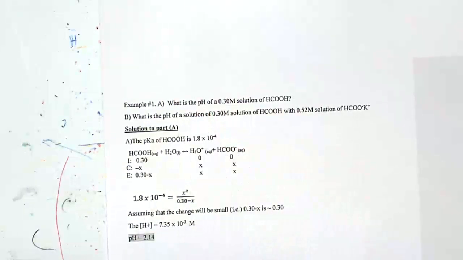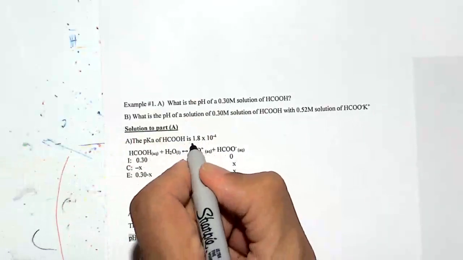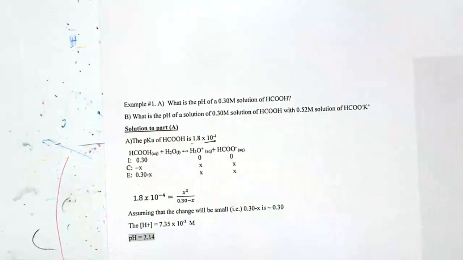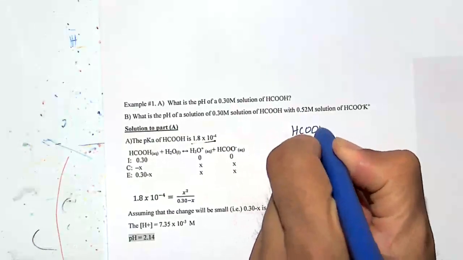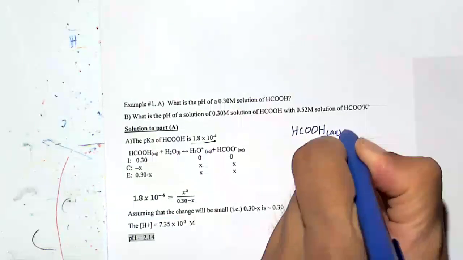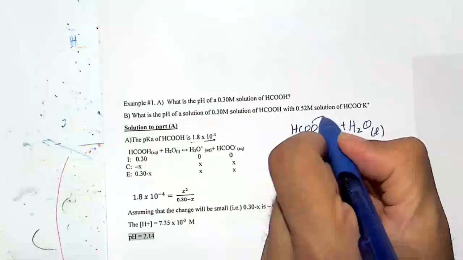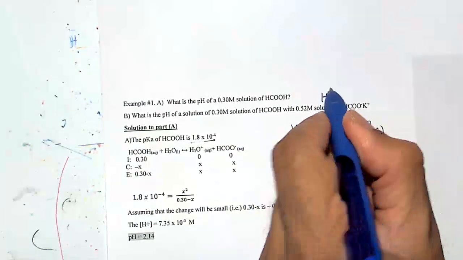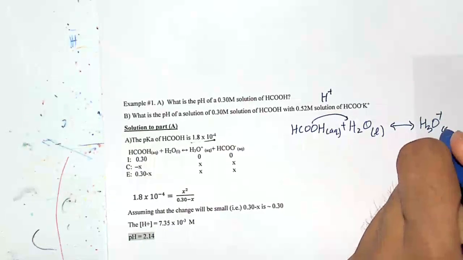So what is the pH of a 0.3 molar solution of formic acid? Do we know how to do this if I give you the Ka? We should know how to do this for our test that's coming up, whenever it comes up. First thing is you're going to write the equation for the Ka.